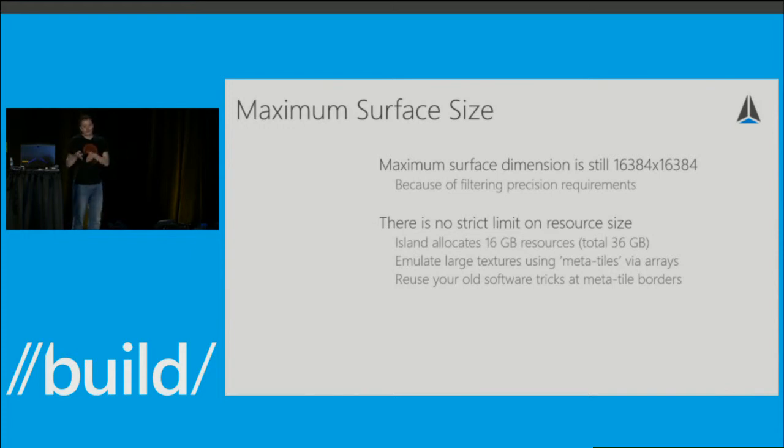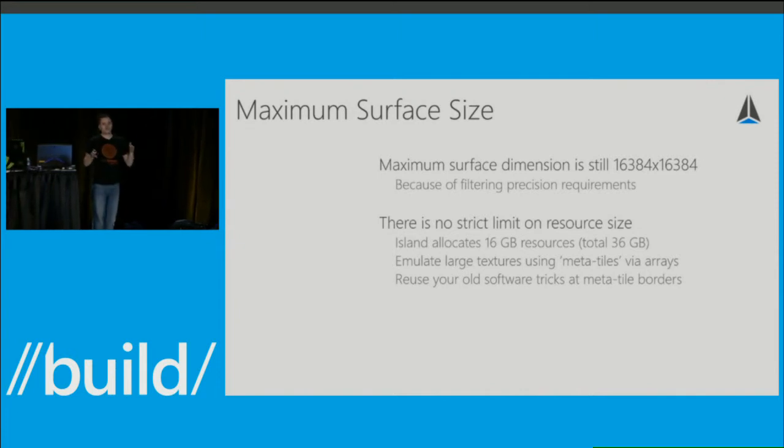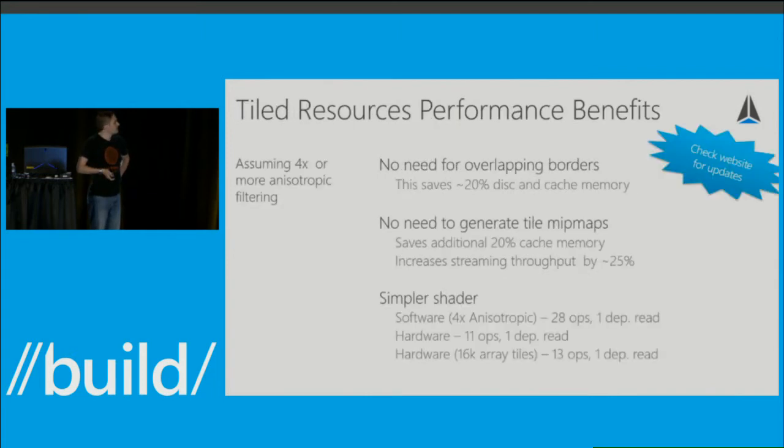Of course, a very small portion of that memory is mapped. At the borders of the meta tiles, you maybe have to do some clever tricks, but that's probably a case which is not going to occur very often. So yeah, this is of course the really interesting bit, the benefits of tiled resources.